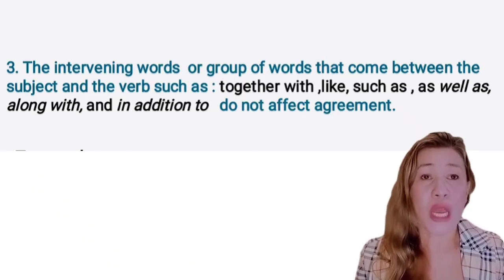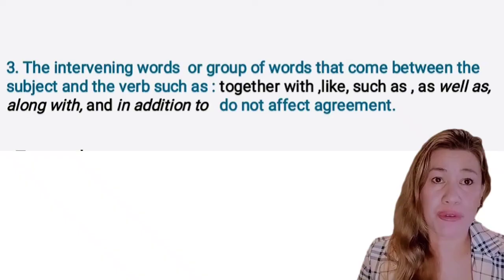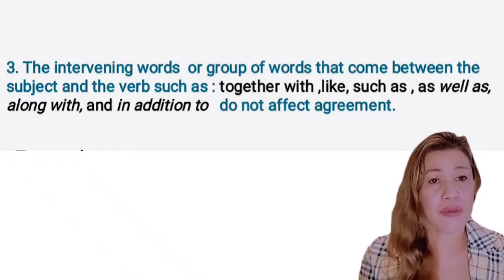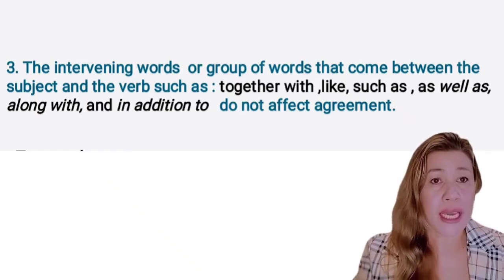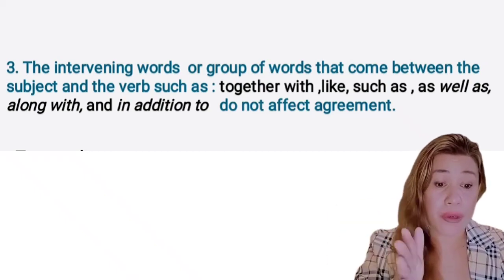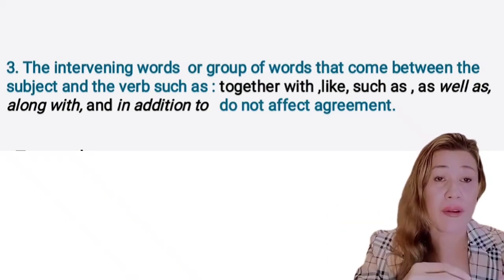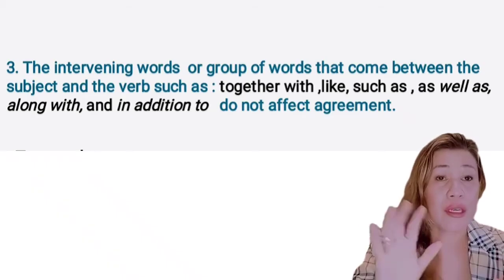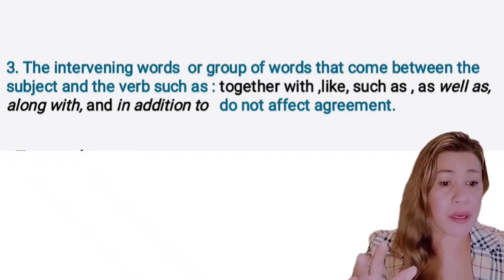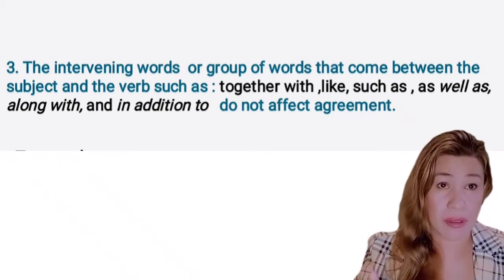Now, first, why do we call it intervening words or group of words? We call them that because in between your subject and your verb, you have a word or group of words coming together, interrupting your subject and your verb. And we call them intervening because they can be confusing.